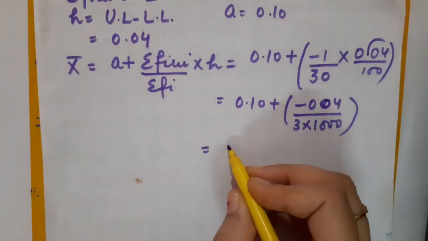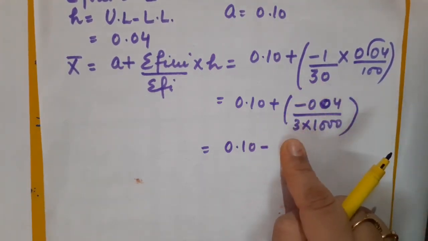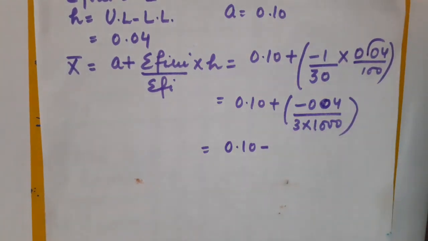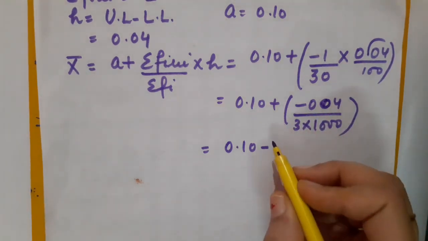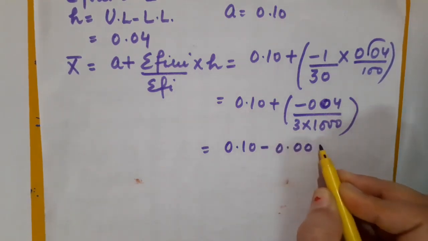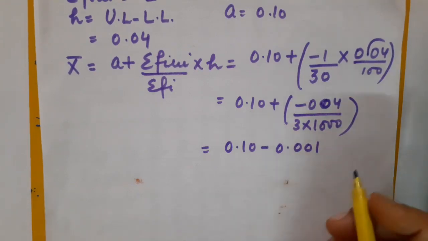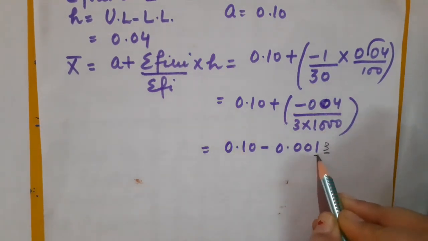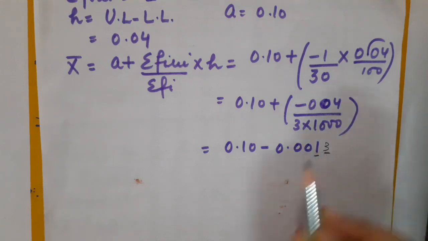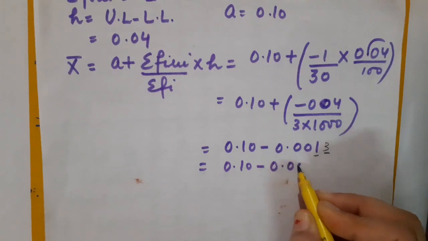So children, after simplifying it, I have got 0.10 minus, when I divide 4 by 3, I have got 1.3. And when I divided it by 1000, ultimately I will be getting 0.001. You could write 3 also if you want to, otherwise there is no use. Why? Because if I write 3 also, it will not affect this number 1 as it is less than 5. Okay. So you could simply write this is 0.10 minus 0.001.